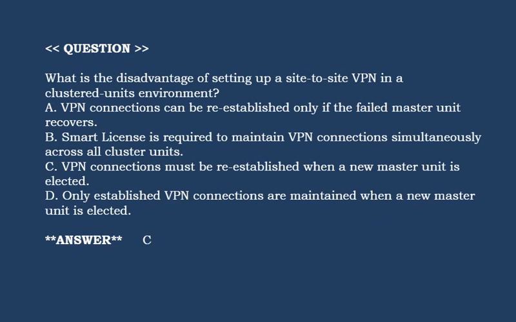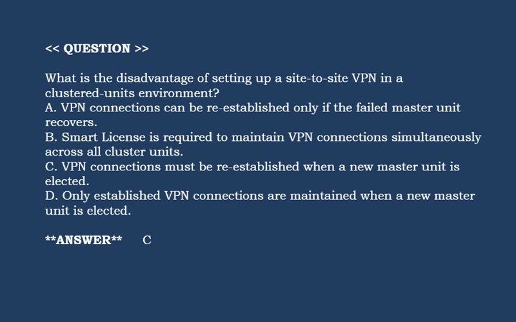Next question is, what is the disadvantage of setting up a site-to-site VPN in a clustered unit environment? Option A. VPN connections can be re-established only if the failed master unit recovers. Option B. Smart license is required to maintain VPN connections simultaneously across all cluster units.